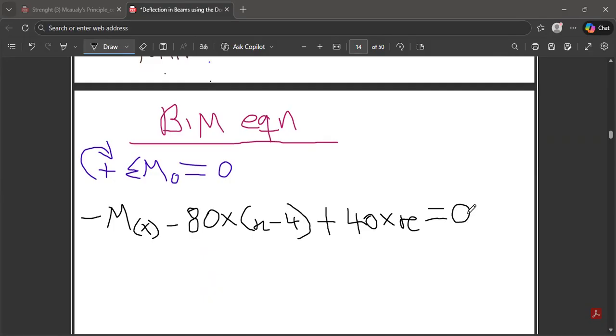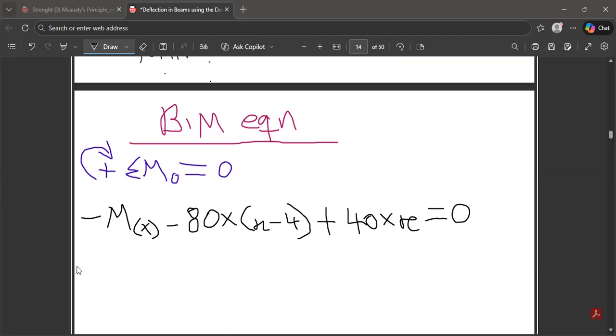So let's group like terms and let Mx stand alone. What do we have to do? We have to let everyone remain over here and shift Mx alone to the other side.